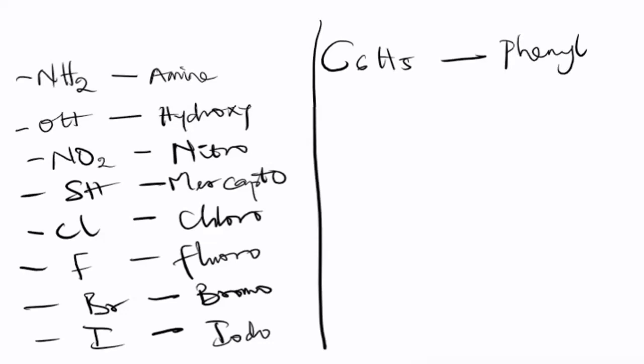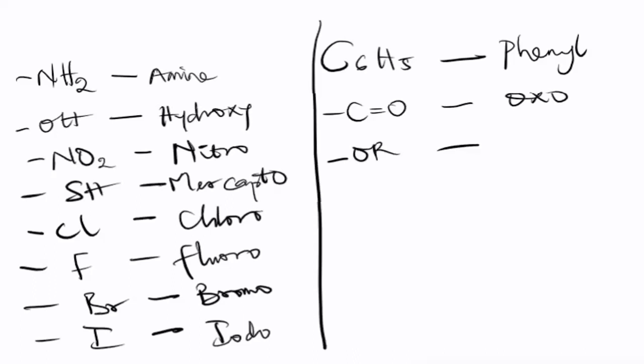When you have O double bonded to the carbon, you call that oxo. So let's take note that O is usually double bonded. When you have O with an alkyl group, you call that methoxy.